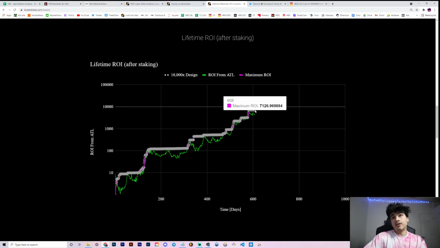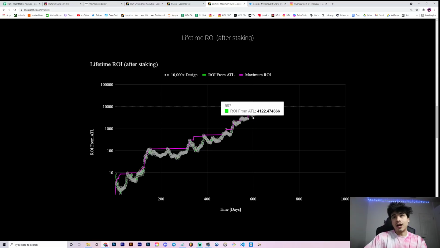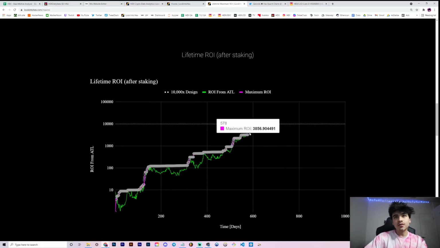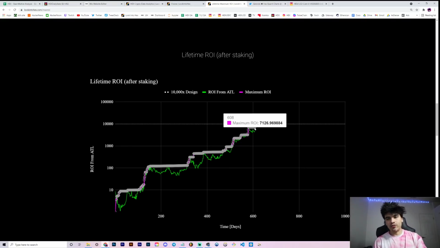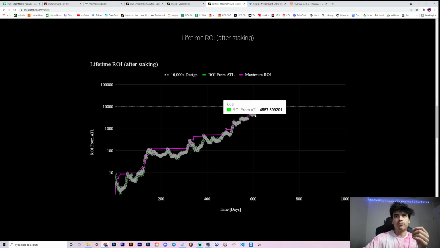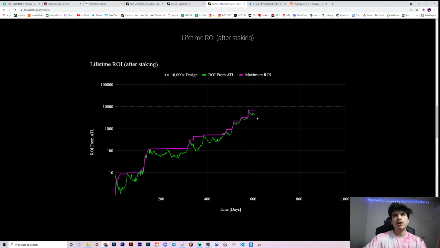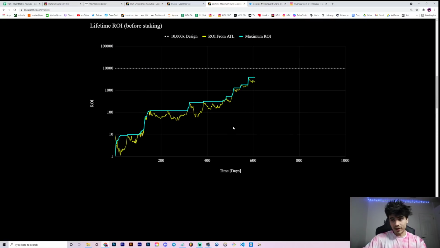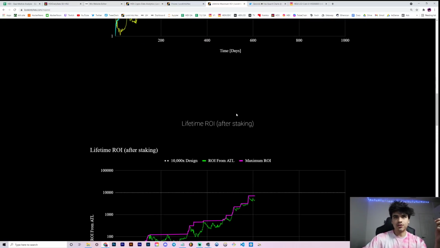Well, it says here that your maximum ROI riding both, US dollar appreciation and staking, looks like a 7,126x. So this combines both appreciation and interest versus the dollar. It's similar to the other chart, where you have your running ROI as well as your maximum ROI.